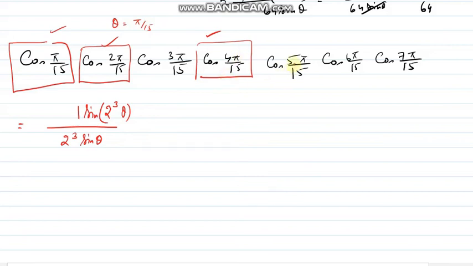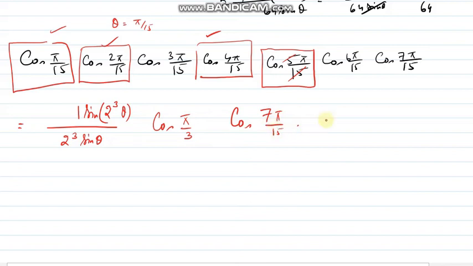If I simplify this term, 5 and 15 cancel out, so cos pi by 3, a direct formula I know. cos 7 pi by 15 I am keeping here, and cos 3 pi by 15: pi by 15 is 180 divided by 15, that is 12, so it will be cos 36, whose value we know, and this will be cos 72, again whose value we know. So these two values we know, and we know this value also.